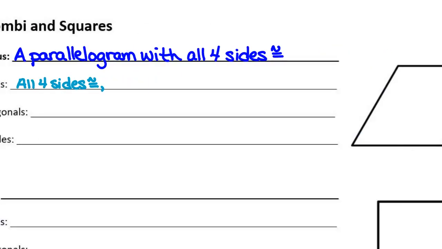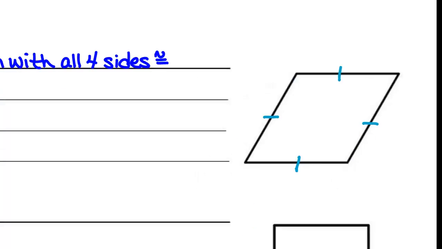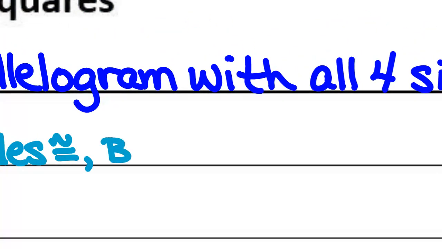I'm going to go ahead and mark that on my figure. All four sides are congruent. Because this is a special type of parallelogram, that means that both pairs of opposite sides are parallel.